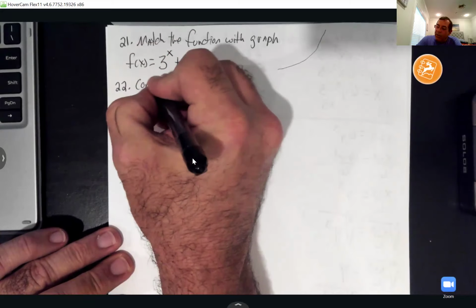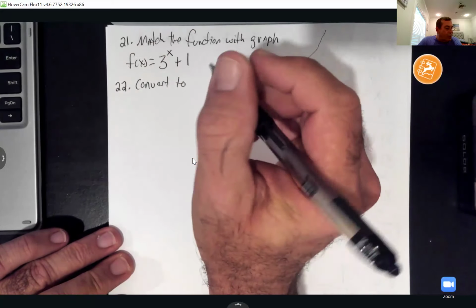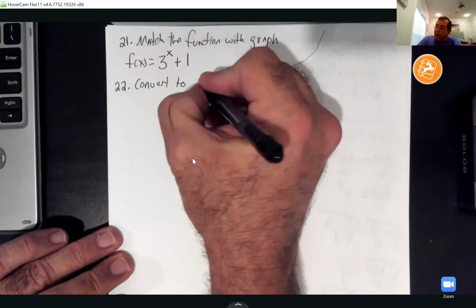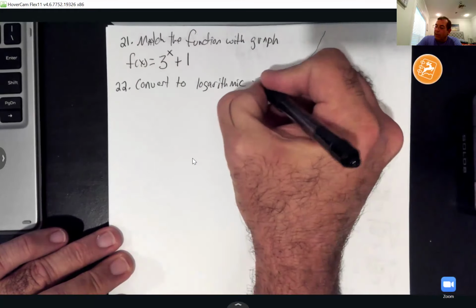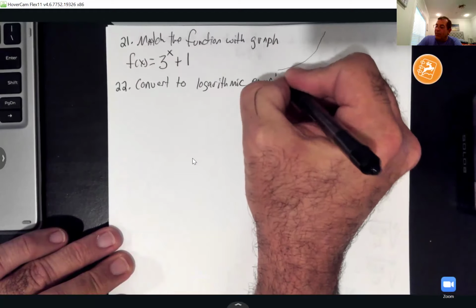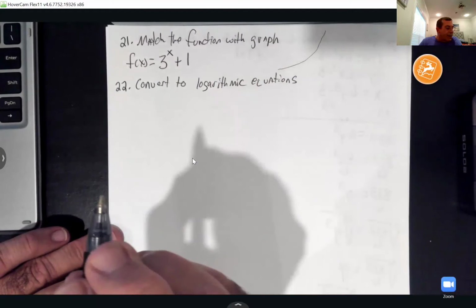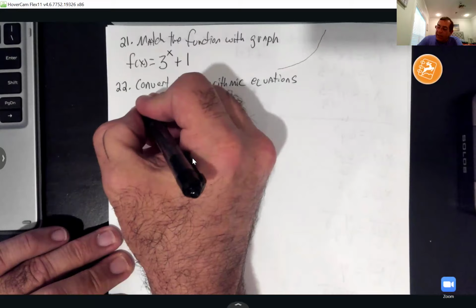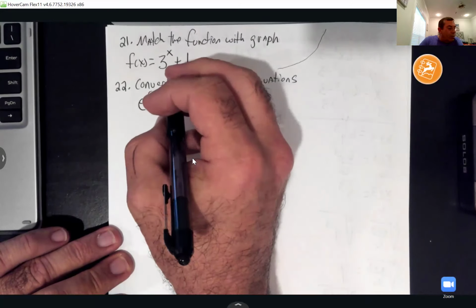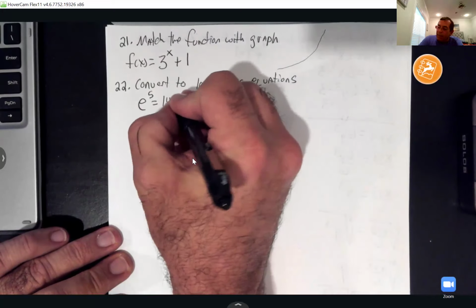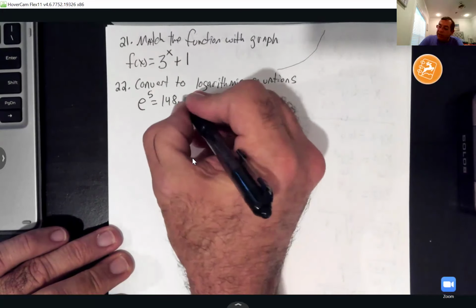All right, 22, convert to a logarithmic equation. So these last few questions are coming from that test 4 y'all just did, okay? So e to the 5 equals 148.3362.